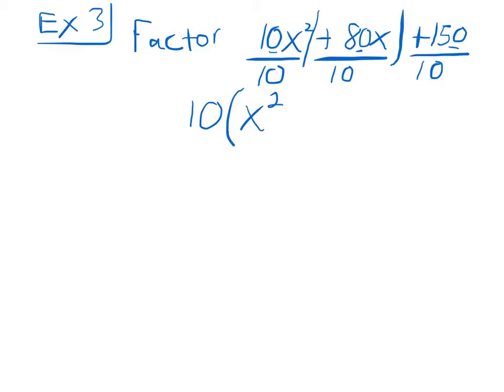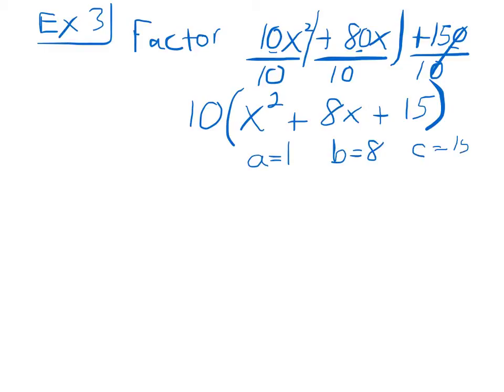What's left is x squared plus 8x plus 15, because those zeros cancel. Okay. All right. So now that I look at this, my a is now equal to a positive 1. My b is equal to 8, and my c is equal to 15.